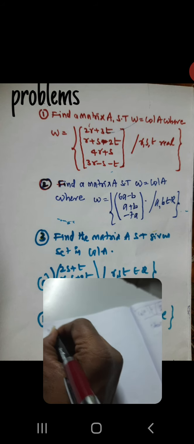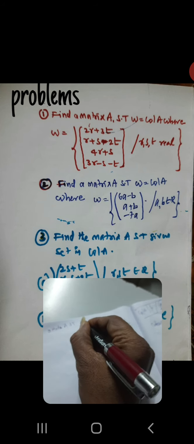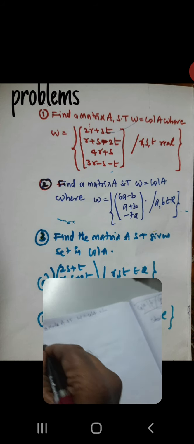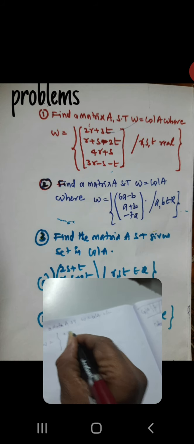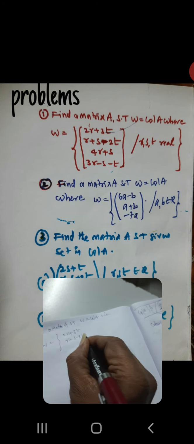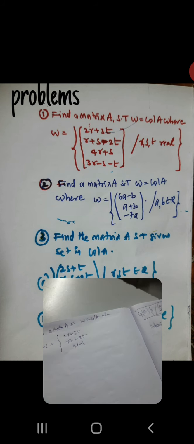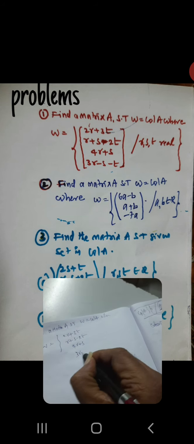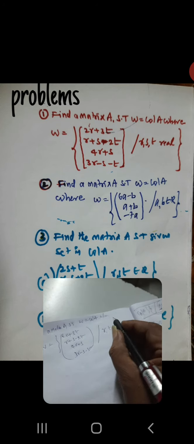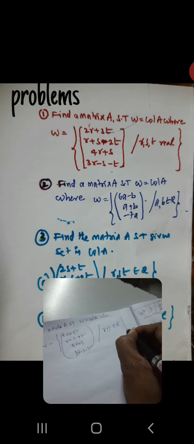Find a matrix A such that W is equal to Col A, where W is the set of vectors 2R plus 3T, R plus S minus 2T, 4R plus S, and 3R minus S minus T. Here R, S, T are elements of real numbers.